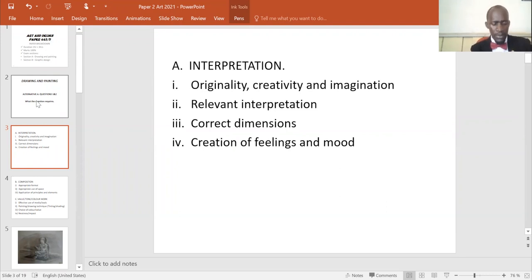Again, for example, you might be given a composition to create on the emerging issues, say the locusts. So we expect the candidate at this time, what are some of the dramas that have come with the locusts?